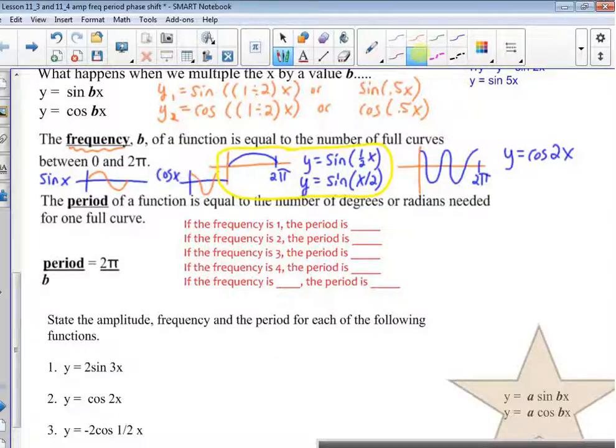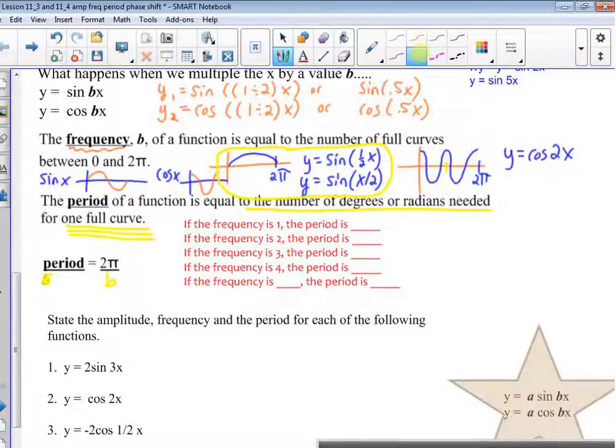On the cosine one, I'm looking at what is this spot where I finish the first curve? That's pi. So the period of a function is equal to the number of degrees or radians needed for one full curve. Okay? And the formula is period equals 2 pi divided by b. And b is the frequency.